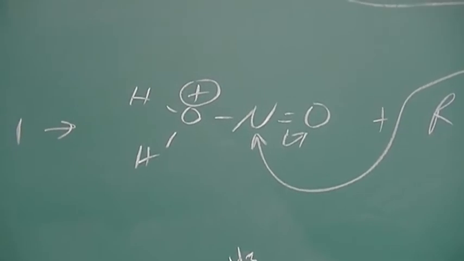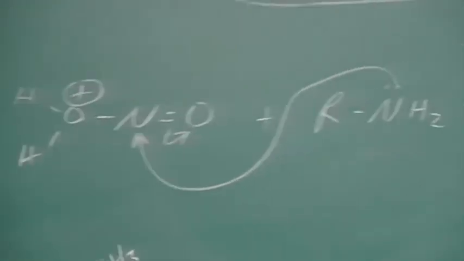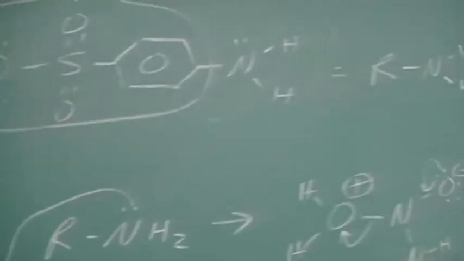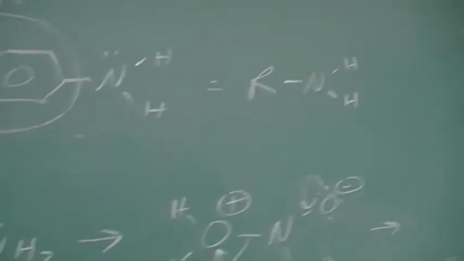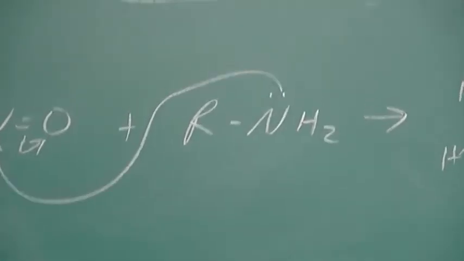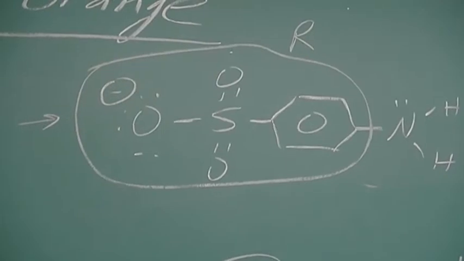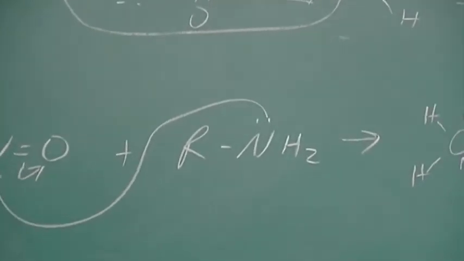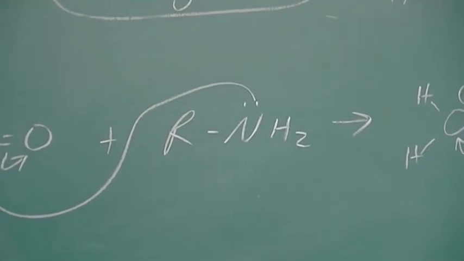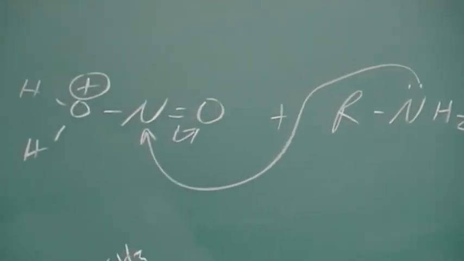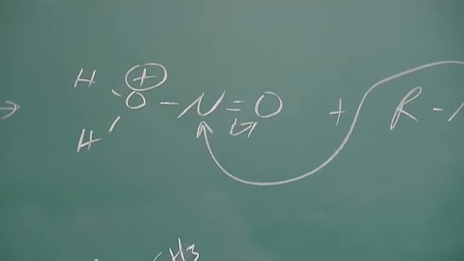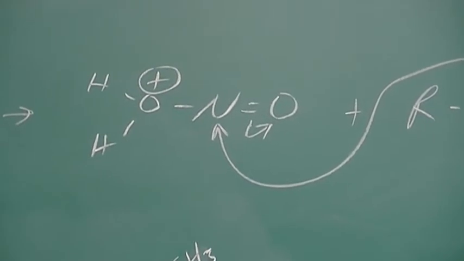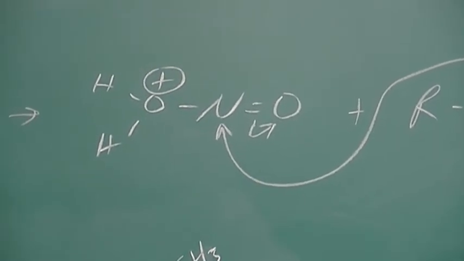All right, and now we have our cation, and now this cation is going to react with, we're going to mix the two beakers now, our RNH2. This is the RNH2. Remember, the R indicates this compound. The primary amine is going to then attack the protonated compound here. It's going to attack the nitrogen.